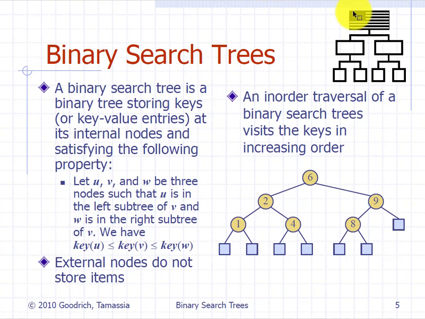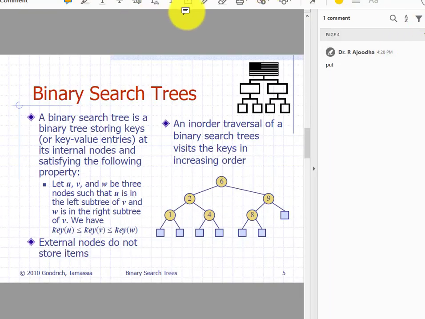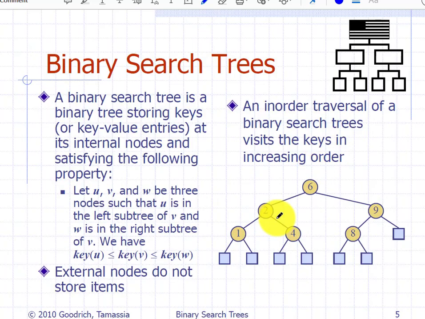Let me see if I can. Nope, maybe this. Yes, that worked. So this will be U, this will be V, and this will be W.